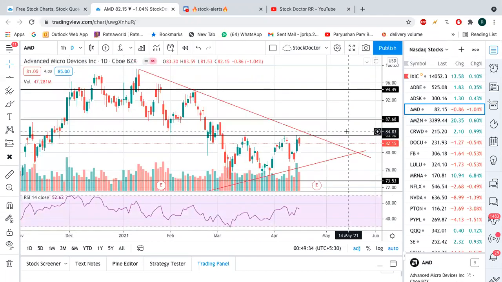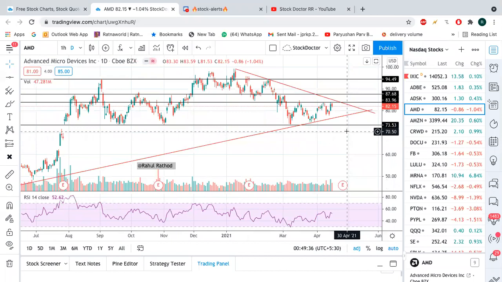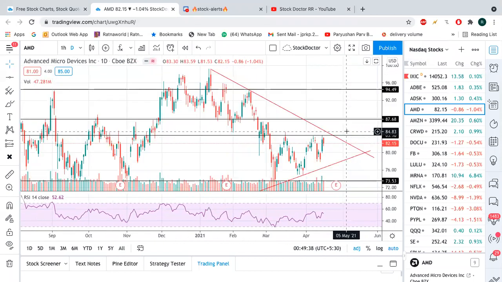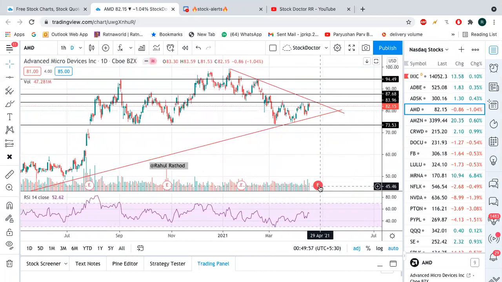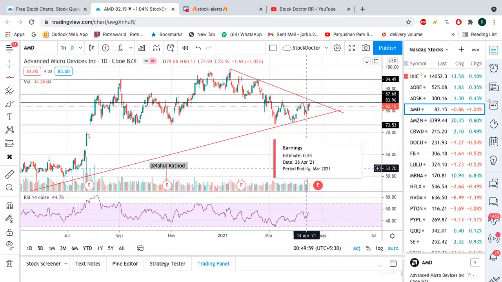The next stock is AMD. Currently it looks like it is at the horizontal resistance of $84. If it breaks and stays above that level, then it can go towards $87 and $94. Now keep in mind that it has earnings coming on 28th of April.